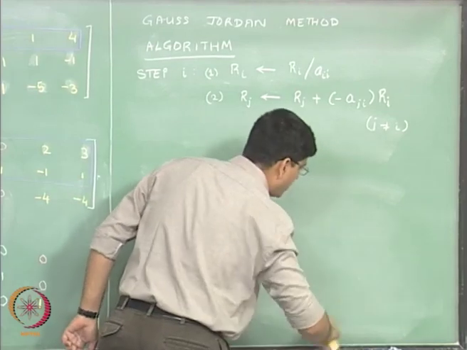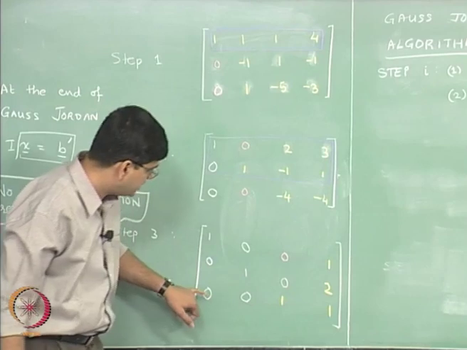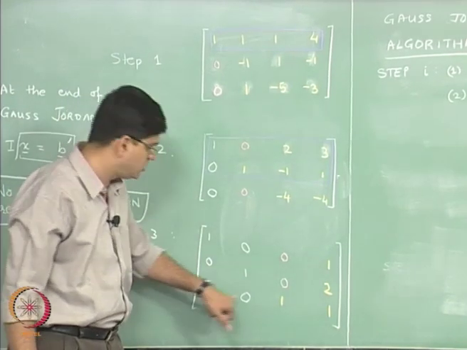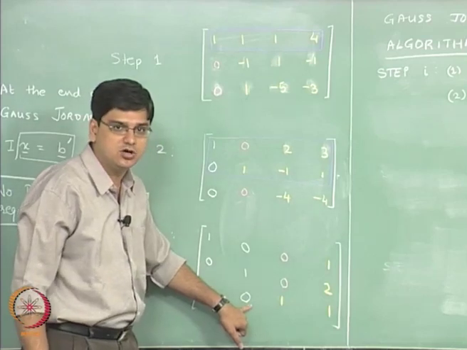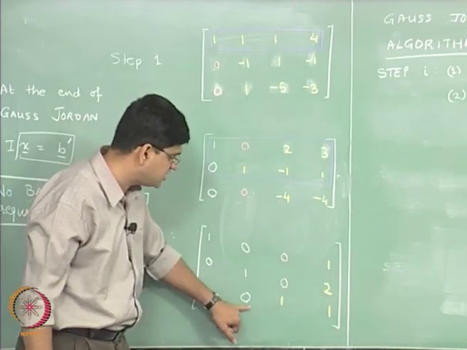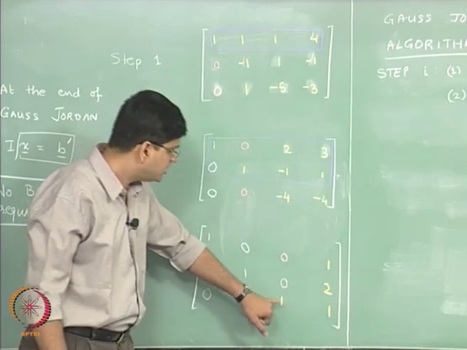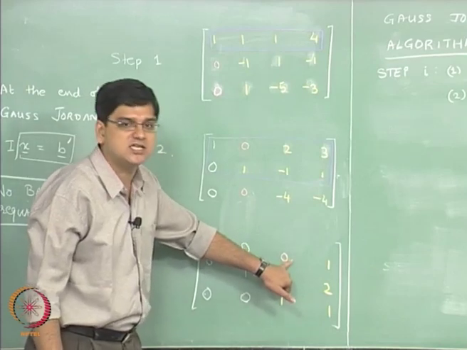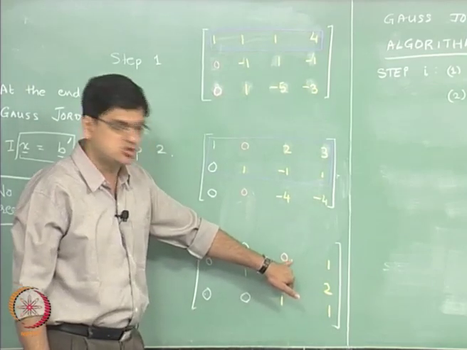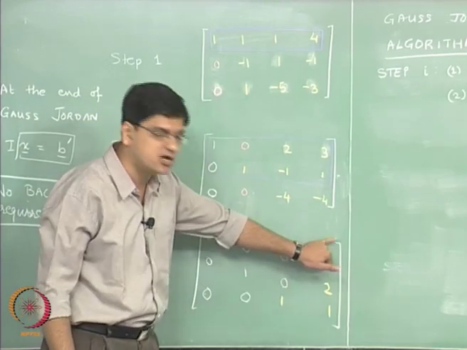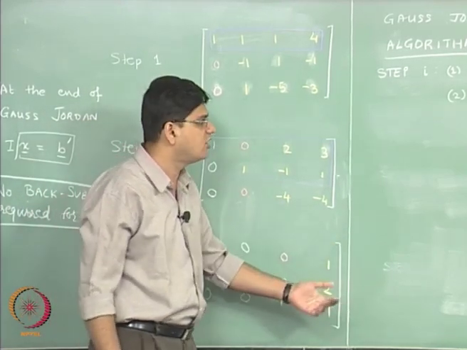And let us look at what we did in the third row operation. In the third row operation, the first element was 0, the second element was 0. As a result, we did not do any computation for the first and second element. The third element, we knew that these two are going to be equal to 0. So we directly substituted those equal to 0 and only did the computation for the rest of the elements.